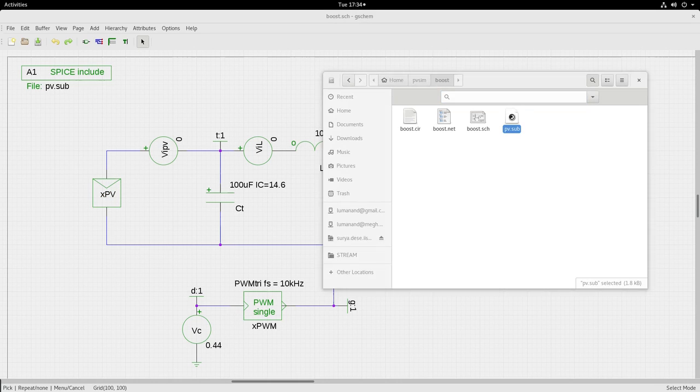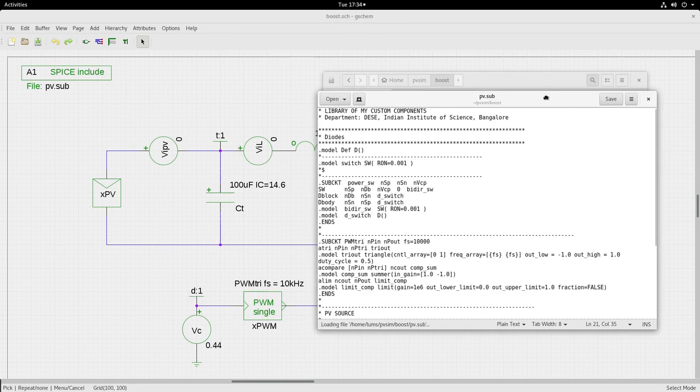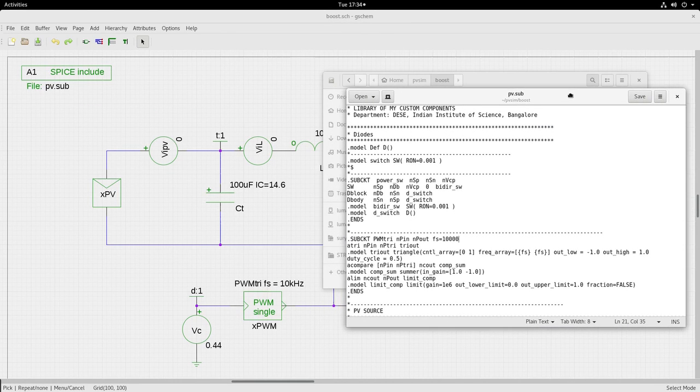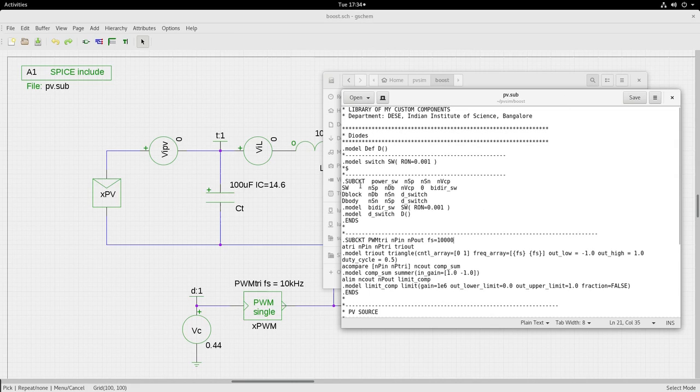In the PV sub-circuit file, we have power underscore SW. This is the sub-circuit for the power semiconductor switch.